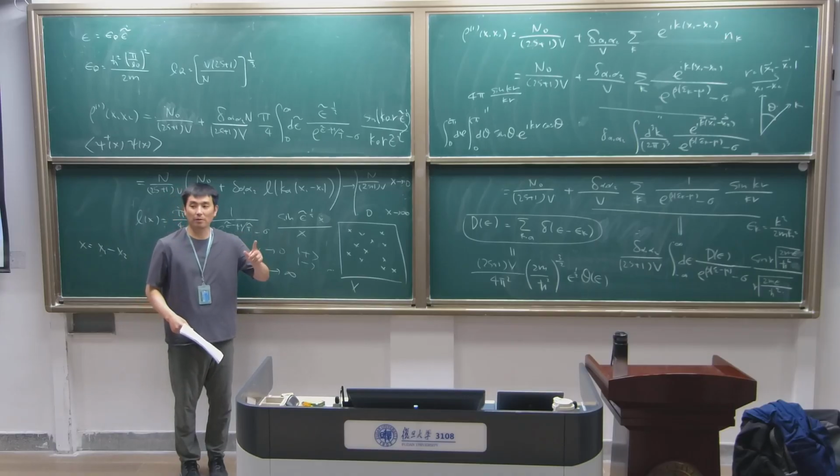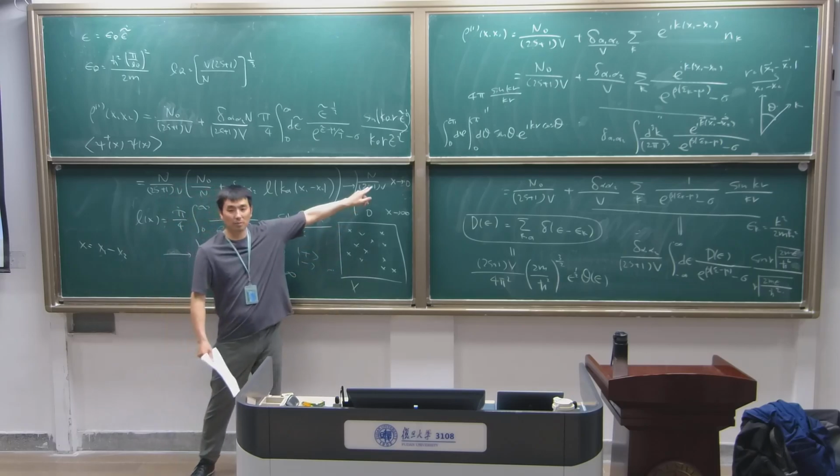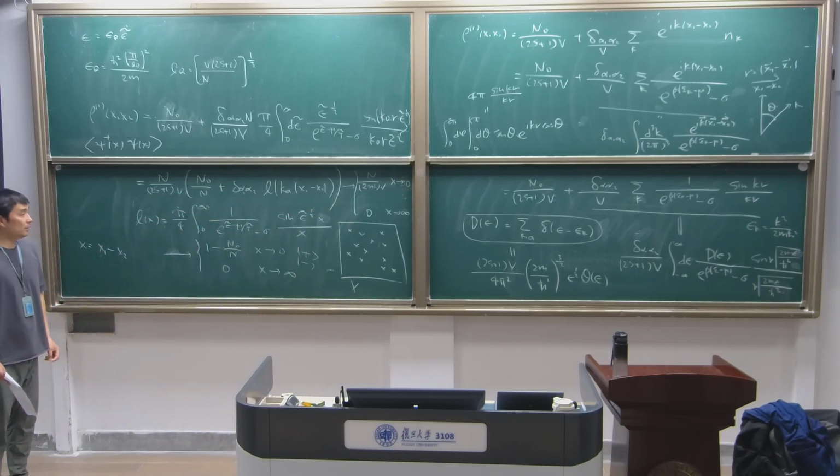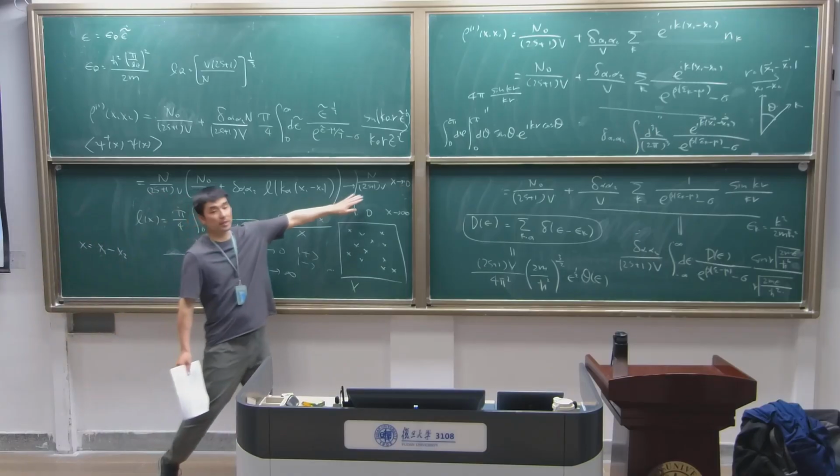So you have a fermion, you can have either spin up or spin down. So you have to divide by this to get the number density up. So that's the physical meaning of this.